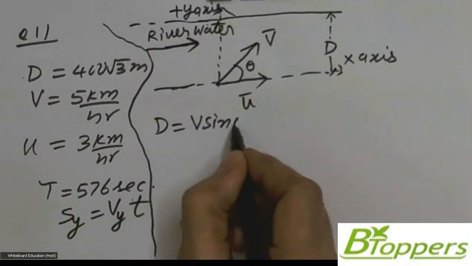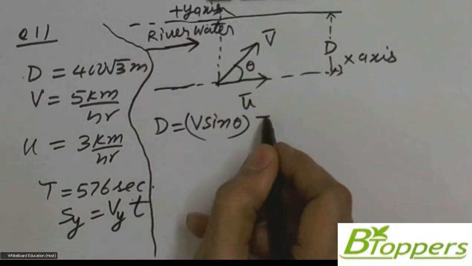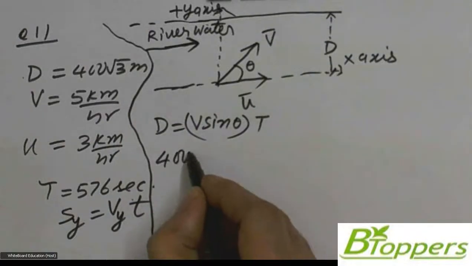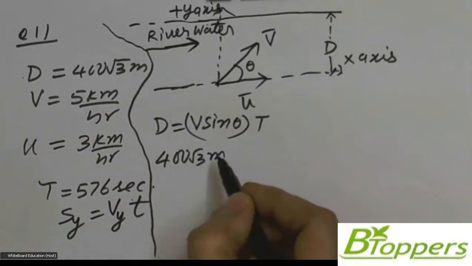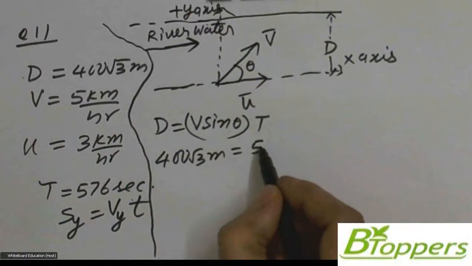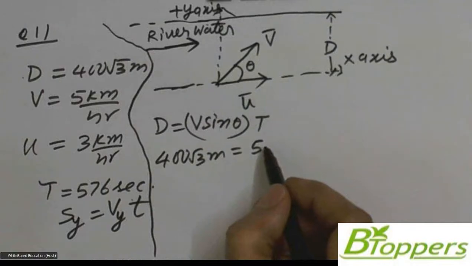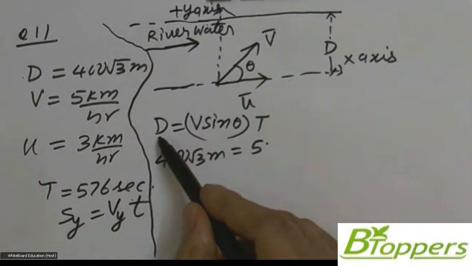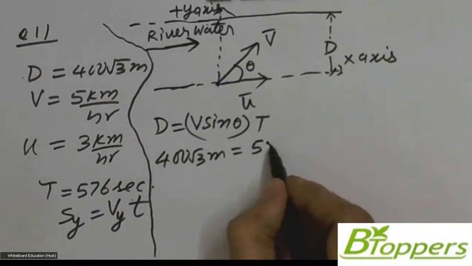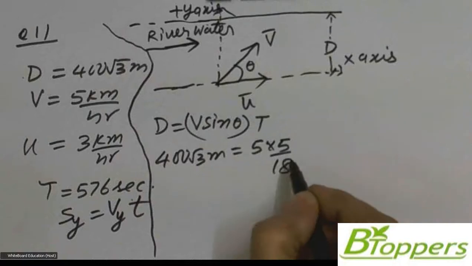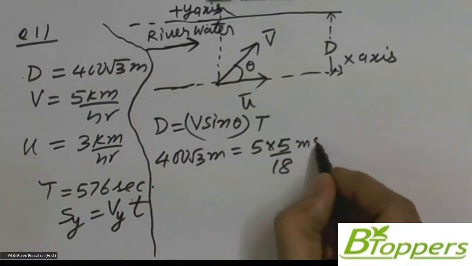Velocity in the y direction is v sin theta into t. So width of the river is 400 root 3 meters. V is 5 km per hour. You can convert into meter per second because width is expressed in meters, into 5 by 18 meter per second.